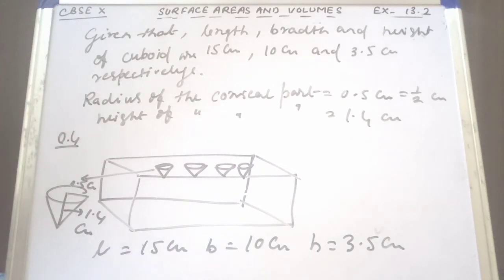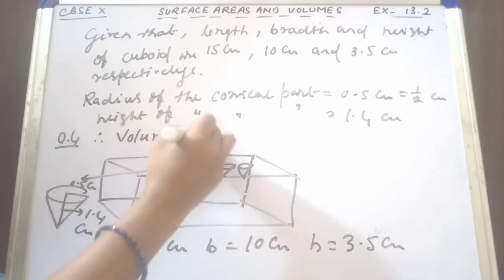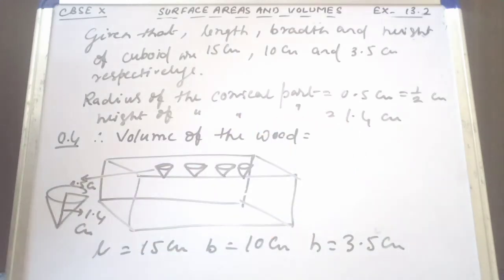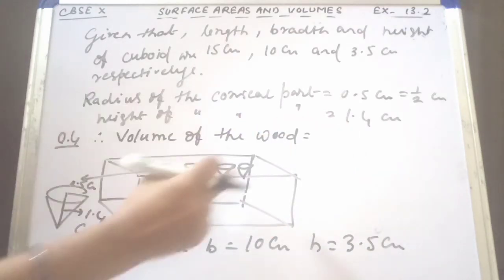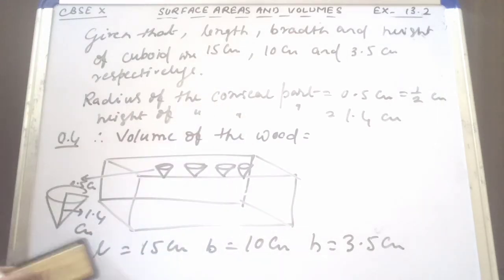So now volume of the wood is equal to volume of the cuboid minus 4 into volume of these cones.